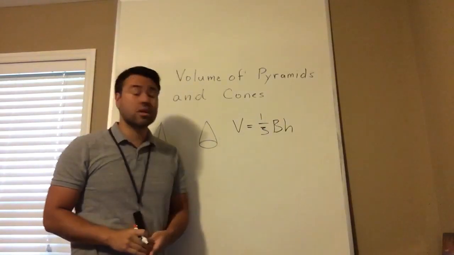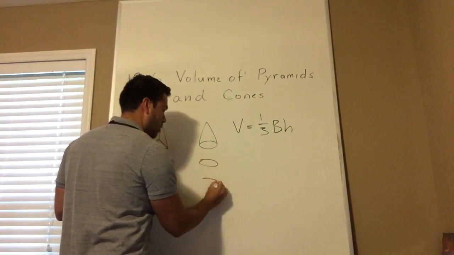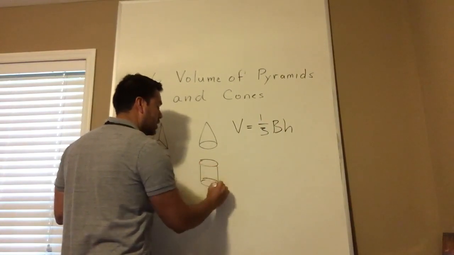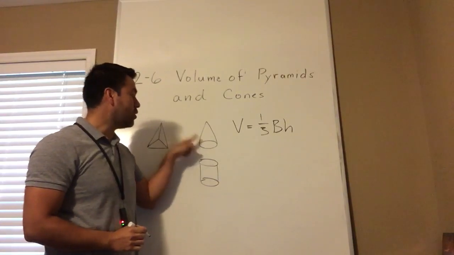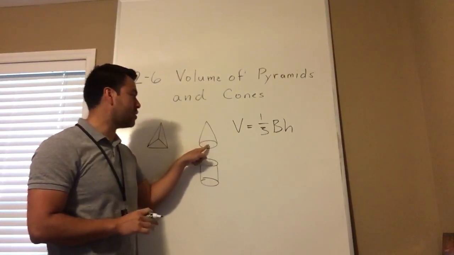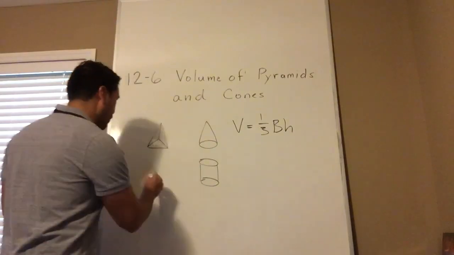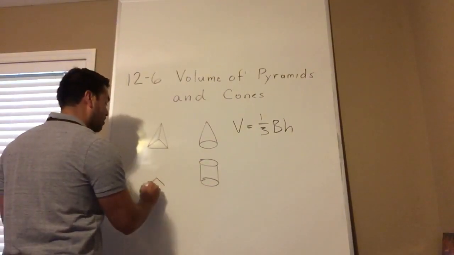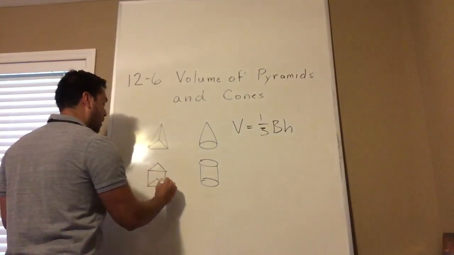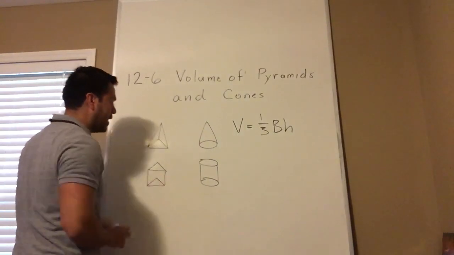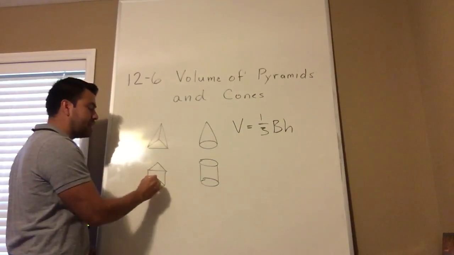So in other words, if you had, for example, a circular cylinder that had the same base as this cone, you could fit three of these. I know my diagram didn't show it, but you can fit three of these into that cylinder. And if you had a prism of the same base as that pyramid, you can fit three of these into that.